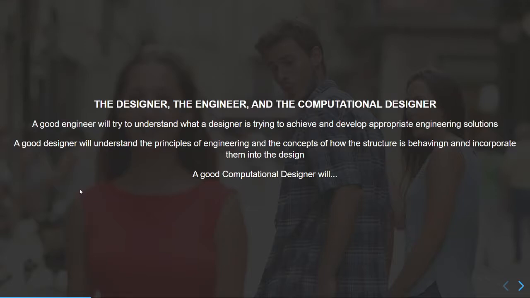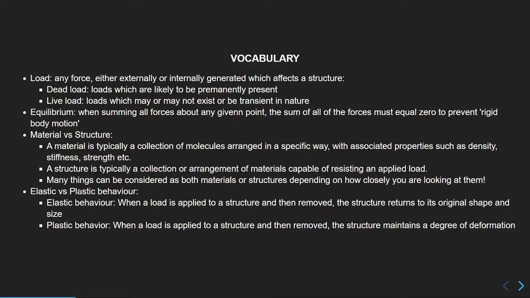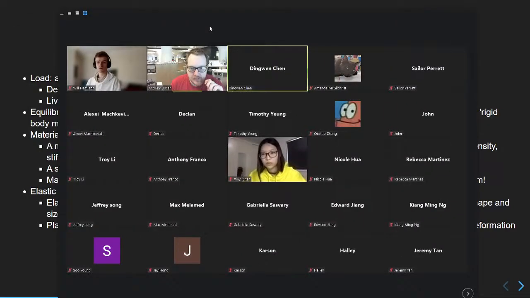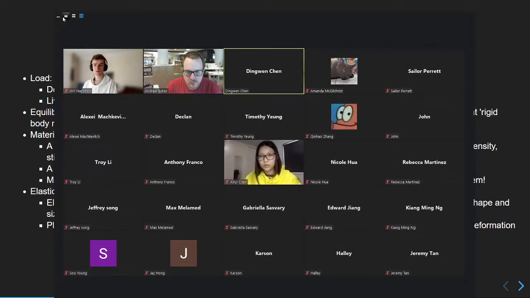So, wait a second. Are you trying to use your camera to show us something? Oh, you can't see my camera? Yeah, I can see it, Andrew. I can see him too. You can't see me at all? I can see your screen. Can you see me now? Nope.